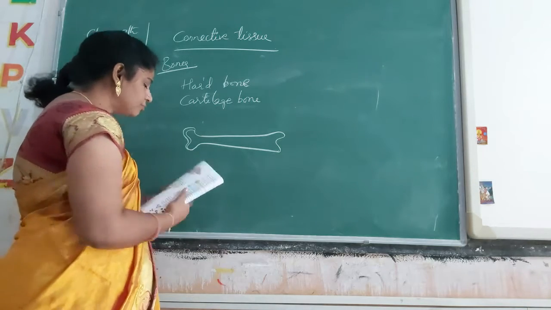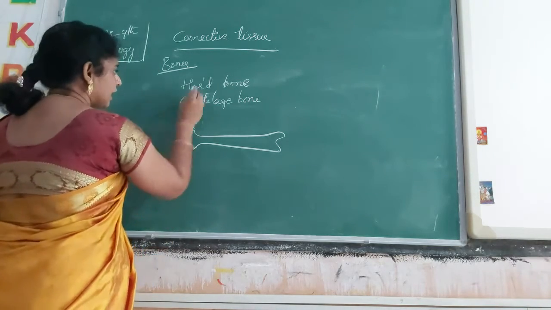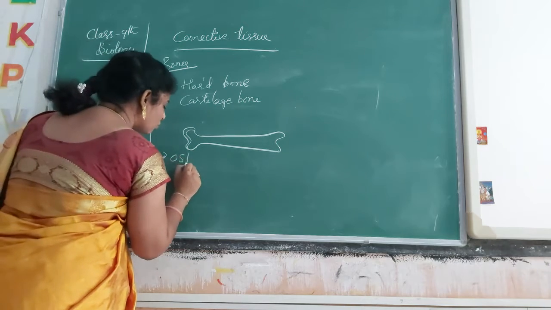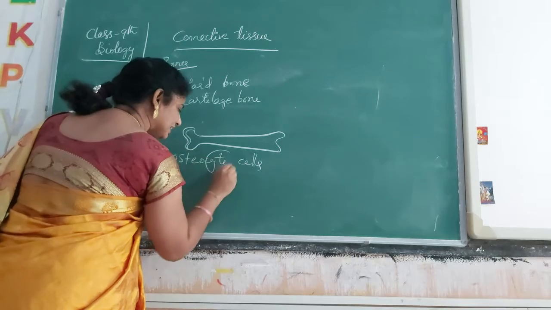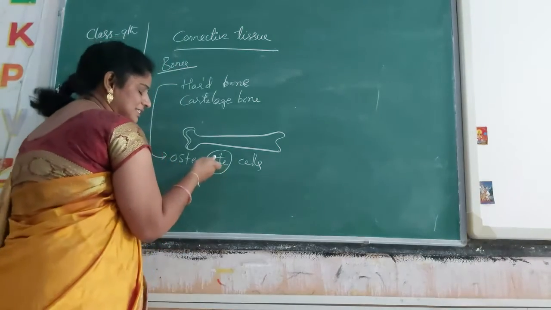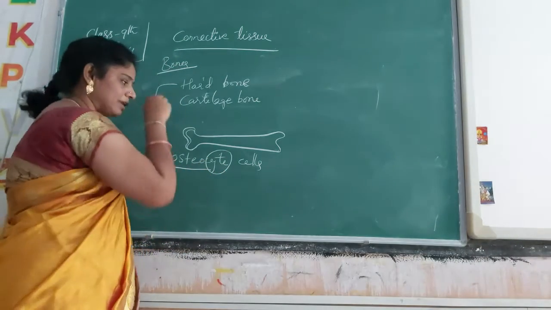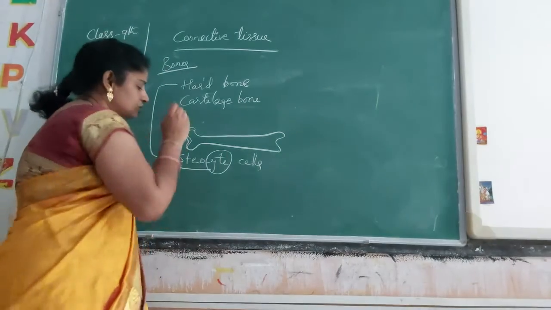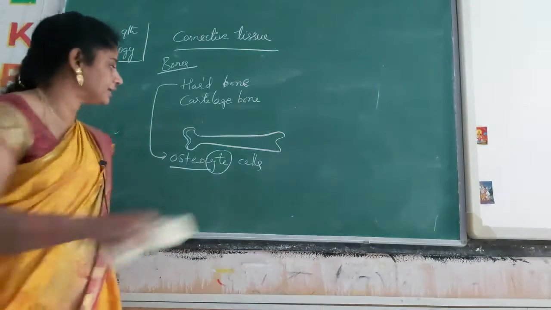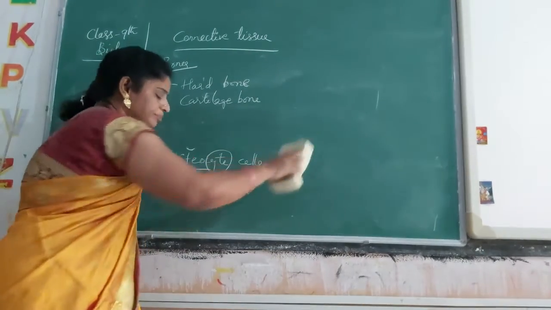So the hard bone cells, we will call them osteocyte cells. Cyte itself we can call cells. The cells which are present in bones, we will call osteocytes. So how are osteocytes arranged? See here, I will draw here.